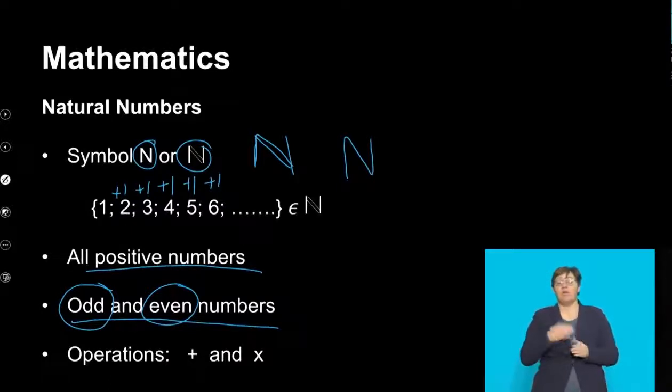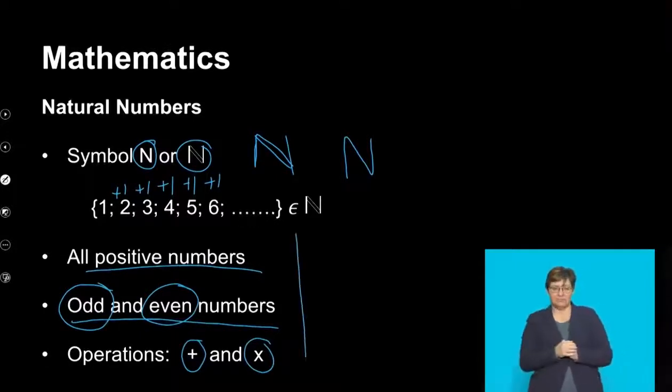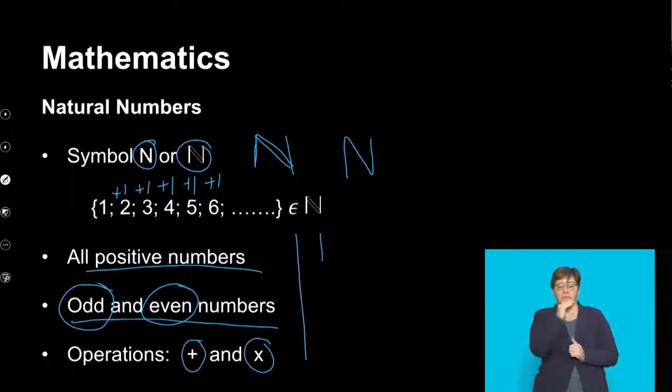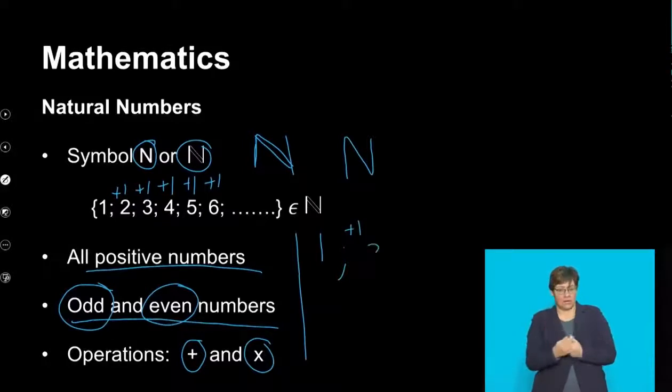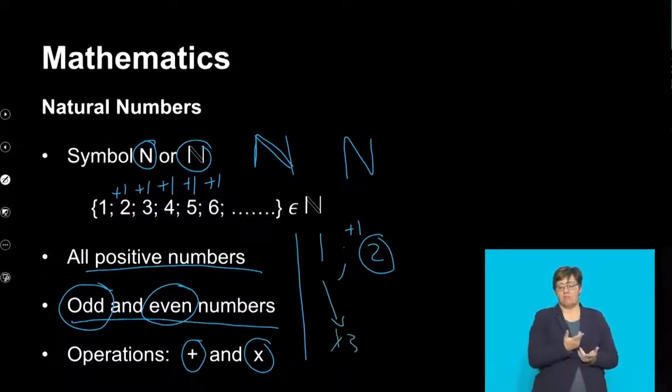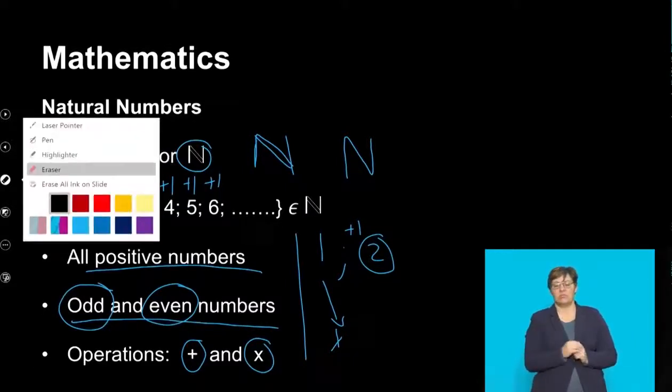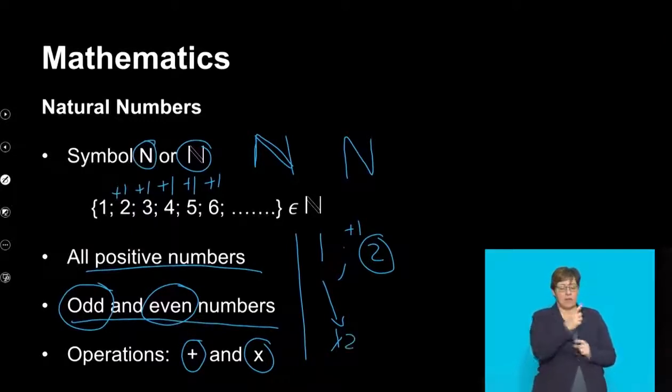And then the operations that we use in order to move from one number to the other is a plus and a times. So what I simply mean is, for me to move from the first number to the second number, I can add 1, which will give me 2. This is still a natural number, right? Or I can then multiply by 2, and it will still give me 2, right?